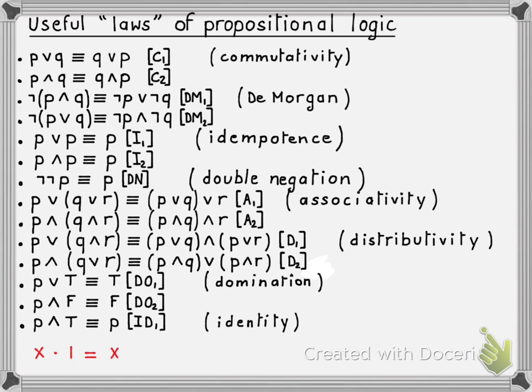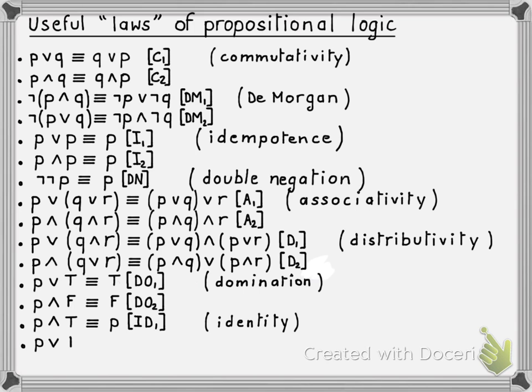Now the analog in arithmetic is obtained by replacing the constant T by 1, and again conjunction by multiplication. And of course, as you know, x times 1 is equal to x, whatever the value of x. That's the corresponding arithmetic equality.